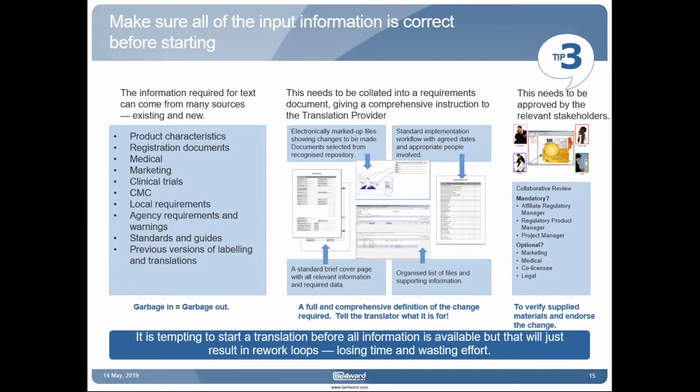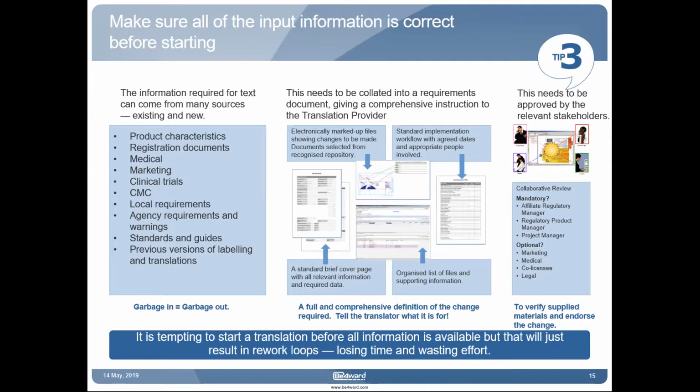And that input material that you've created, before they go and do the translation, on the right-hand side of this slide, make sure that that's been approved by the right people in your organization. Yes, this is what we want. One of the biggest reasons for not getting right first time is you provide the information to the provider, you send it out, the translation happens, it comes back, you then send it out to your organization, and people in your organization say, well, why are we doing this?